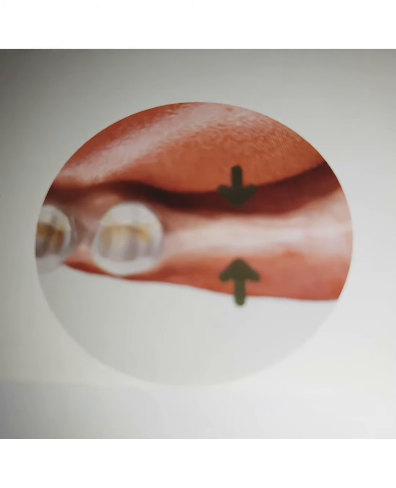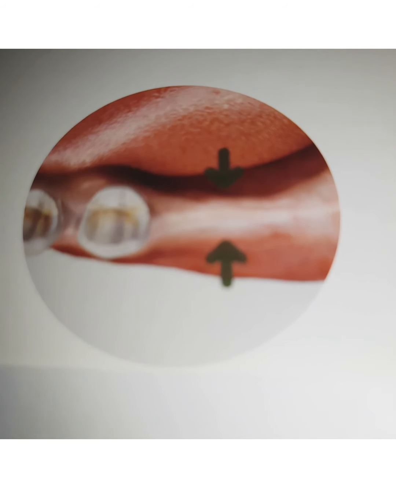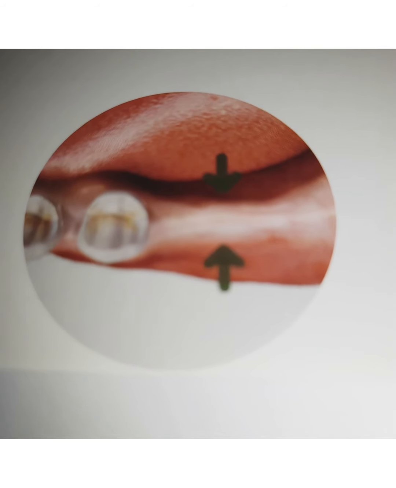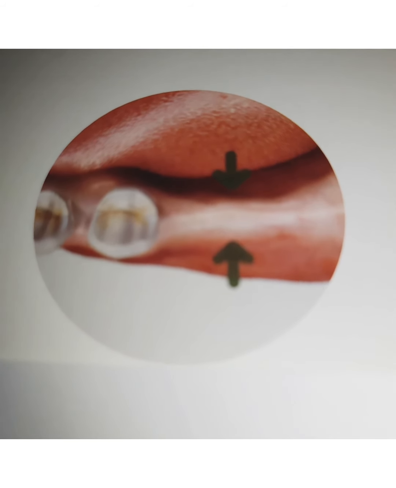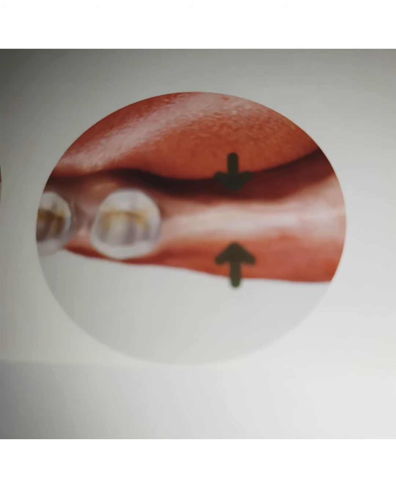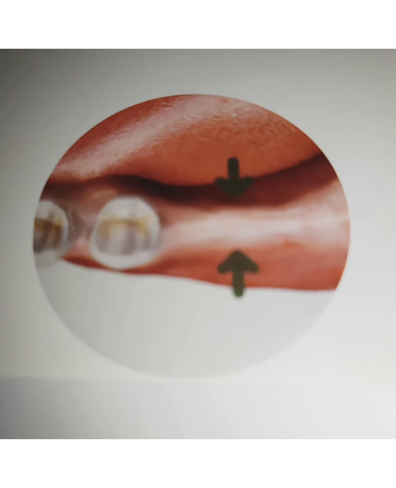And as I told you before, it is a cumulative and chronic process over a longer period of time, which may result in a reduced residual ridge. And that is where the maintenance phase is required. It's not that you make a complete denture for an edentulous patient and then you will not see that patient again. You have to recall that patient for a maintenance phase. There may be a need for relining or even rebasing of the prostheses.